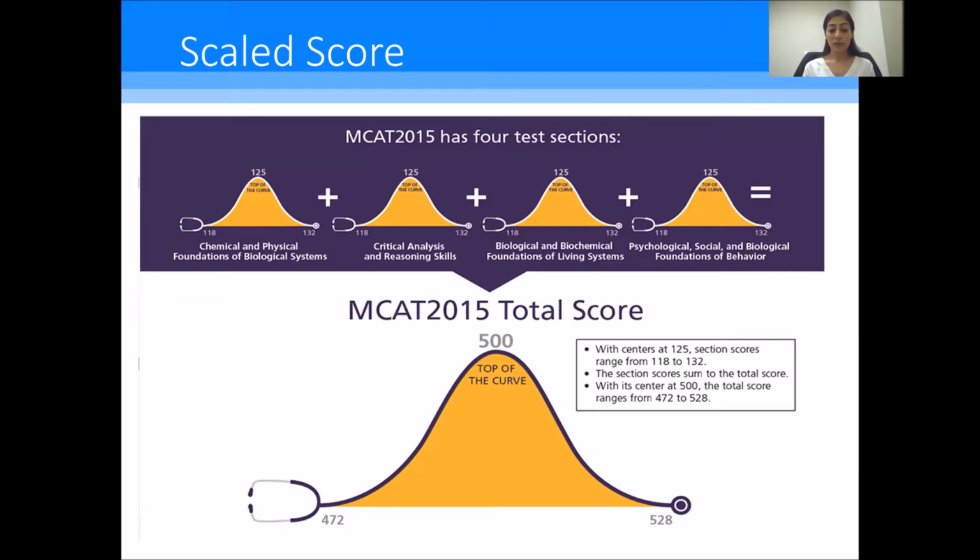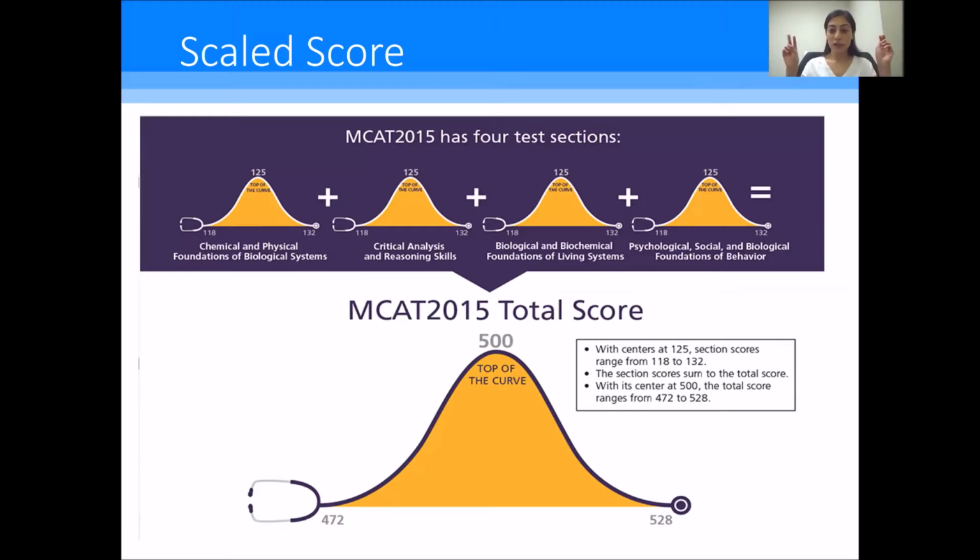Okay, that means no one technically got a perfect on this exam. However, in recent years, or the last 2 years, people have been known to get a 528. And the reason this is possible is because you have to remember getting a 528 doesn't necessarily mean that you're getting perfect on this exam. What it means is that you're achieving the 100th percentile.